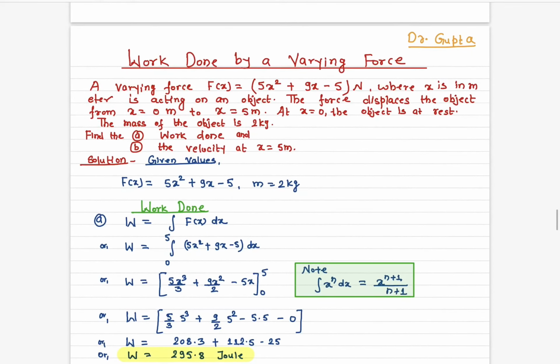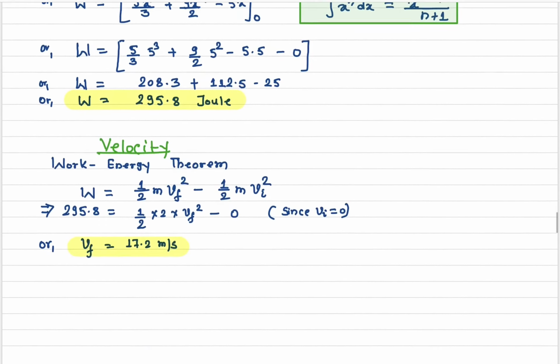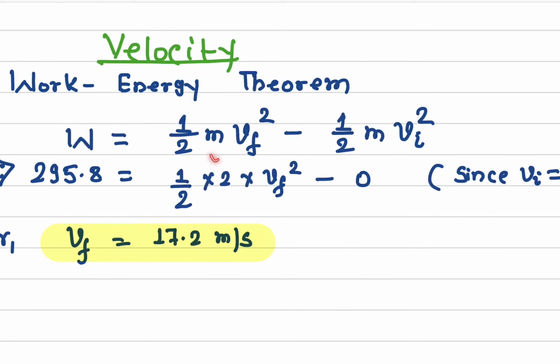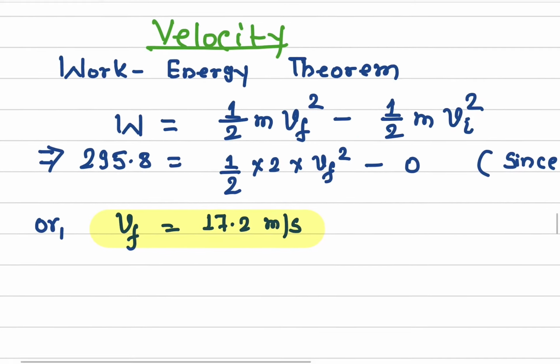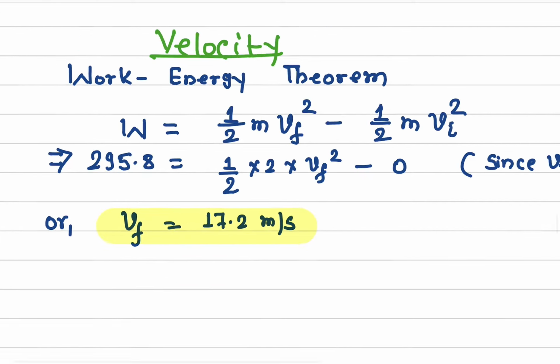We are now finding the final velocity, Vf squared. And again, the initial term is 0 because the initial velocity is 0, since the object is starting from rest. If we solve it, we get the final velocity, which is 17.2 meter per second.